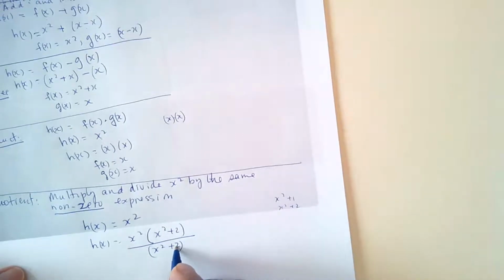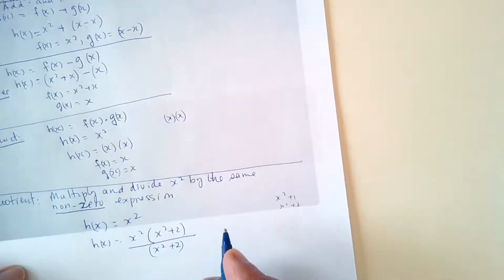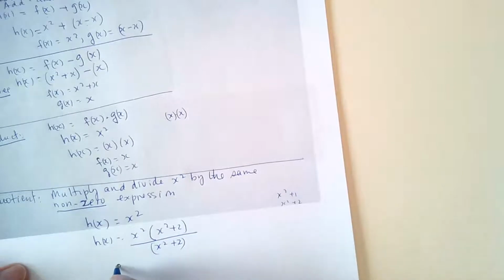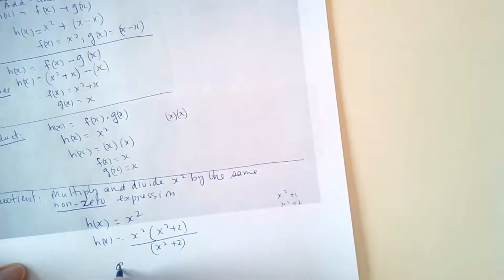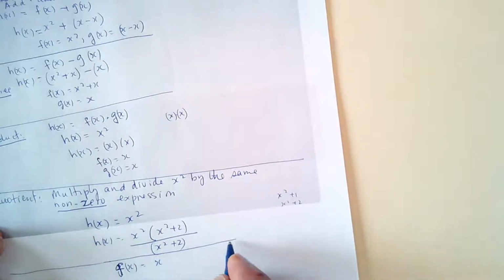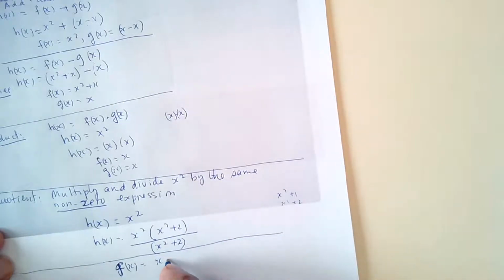This is non-zero. So f of x is equal to x squared times x squared plus 2, and g of x is equal to x squared plus 2.